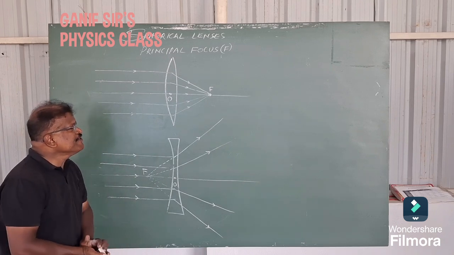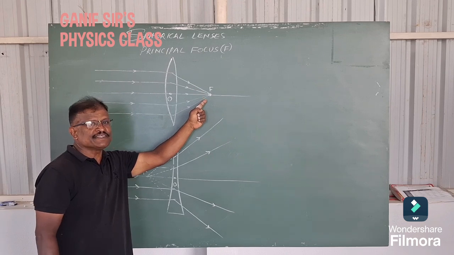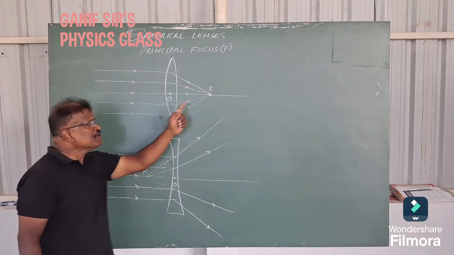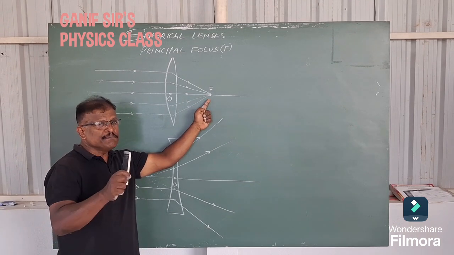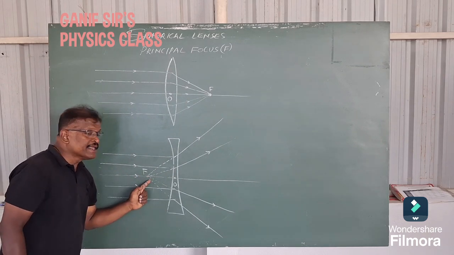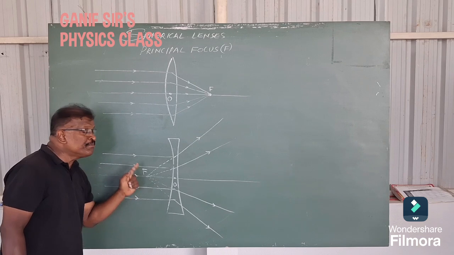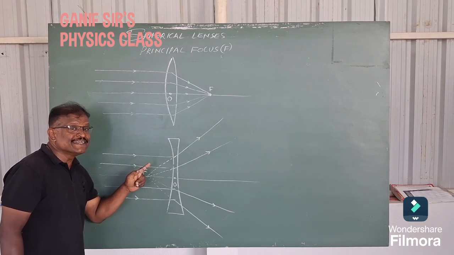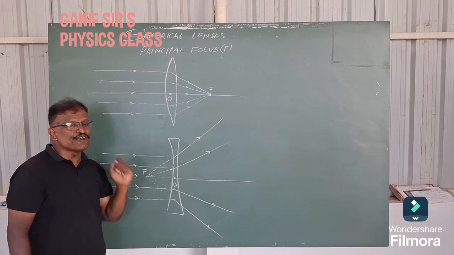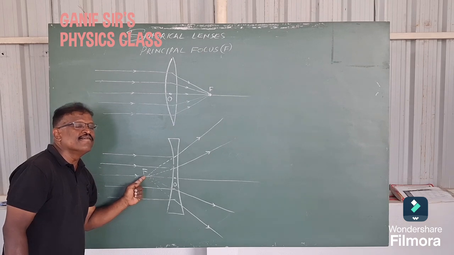Just see the difference: in the case of a convex lens, the principal focus really exists, whereas in the case of a concave lens, it only appears as if the principal focus exists. Here the principal focus is not real as in the convex lens; it is virtual.